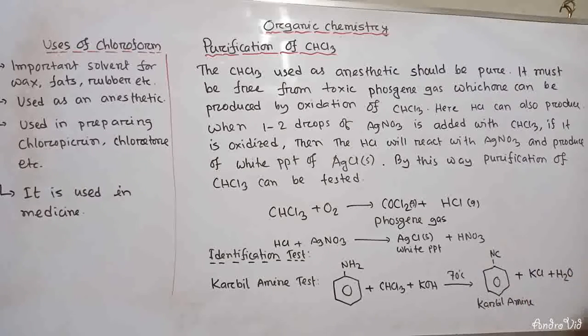When you carry out this reaction, a very awkward smell is produced. If this carbylamine compound is produced here, it gives a very awkward smell. From this smell, you will be able to understand that chloroform must be present.